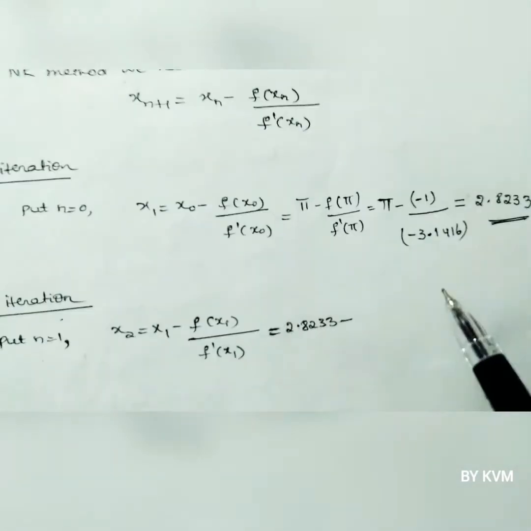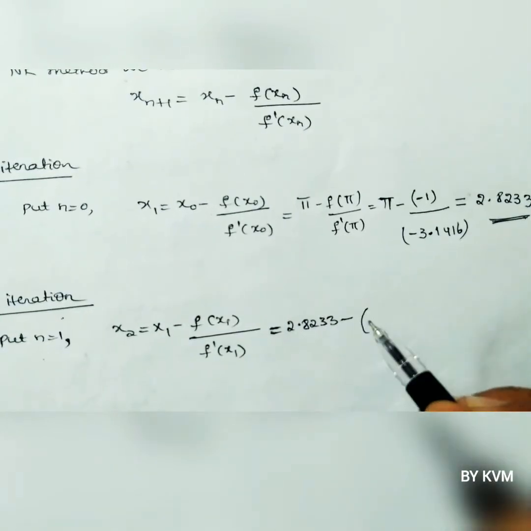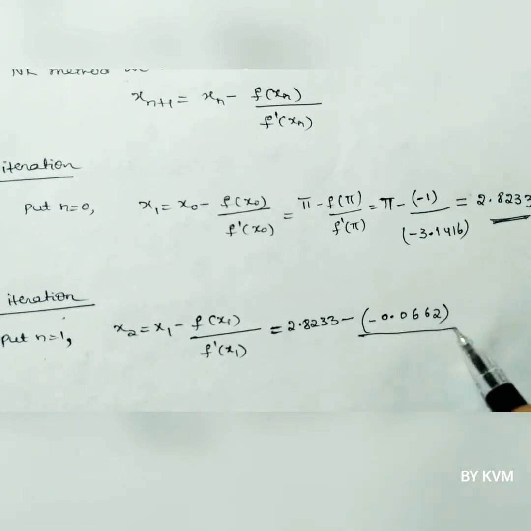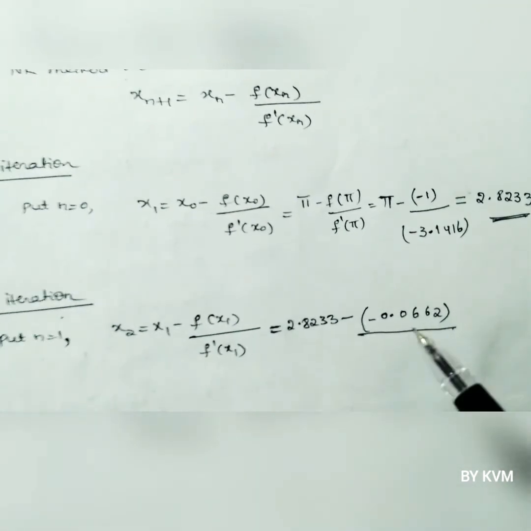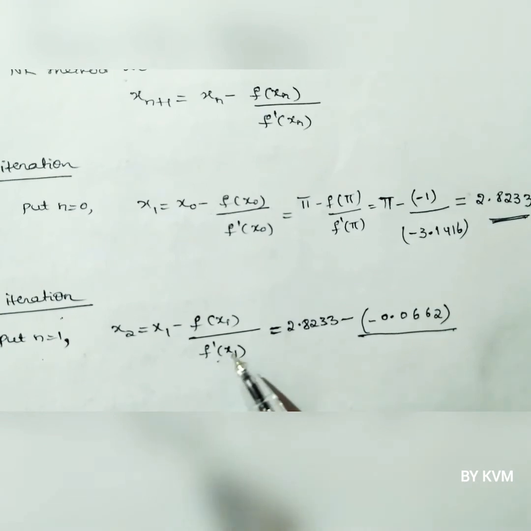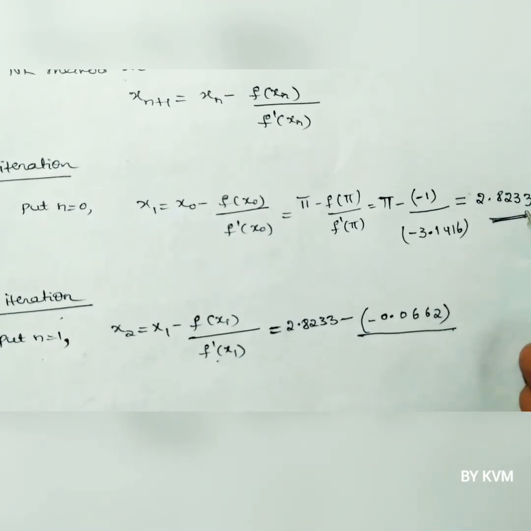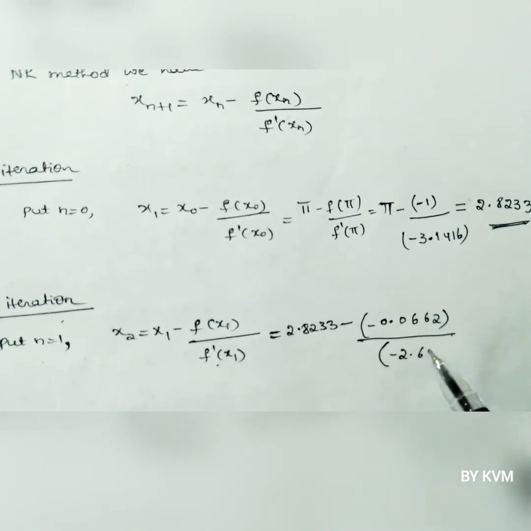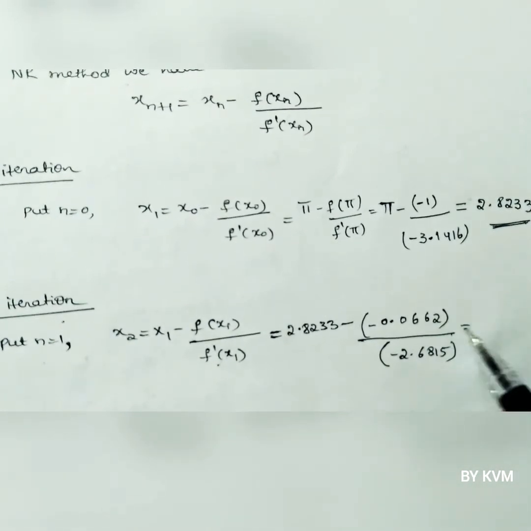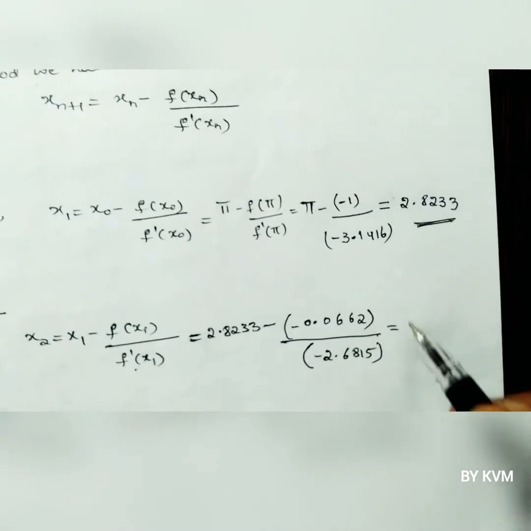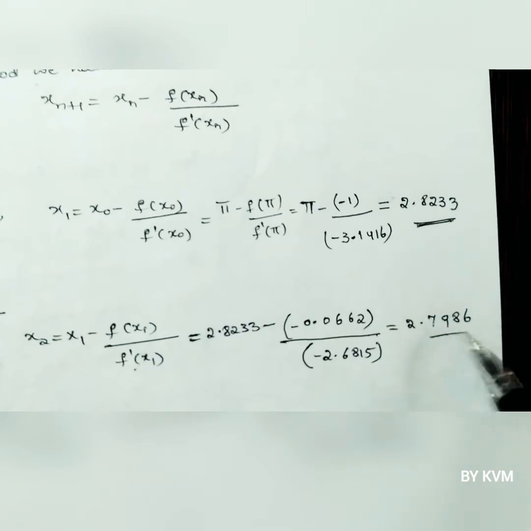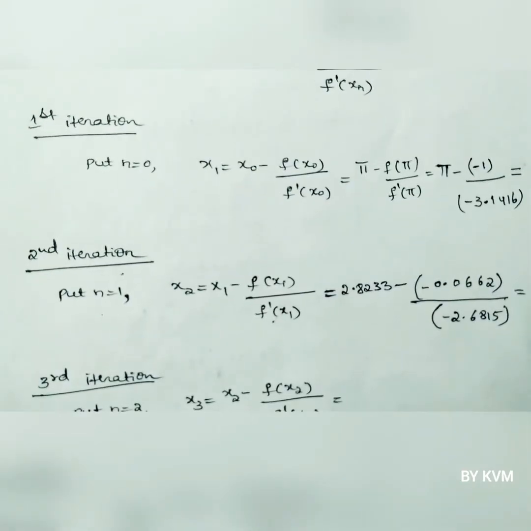So using this function f of x, we get minus 0.0662 whole divided by f dash of 2.8233. So that is minus 2.6815. So this is equal to 2.7986. So this is the root in the second iteration.